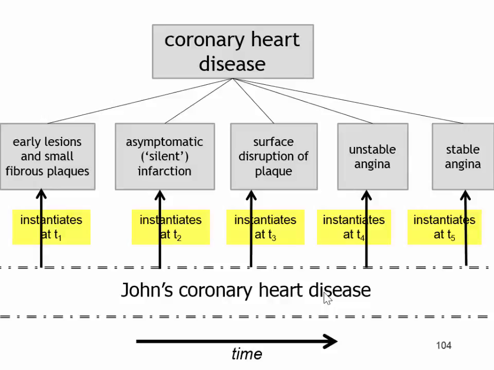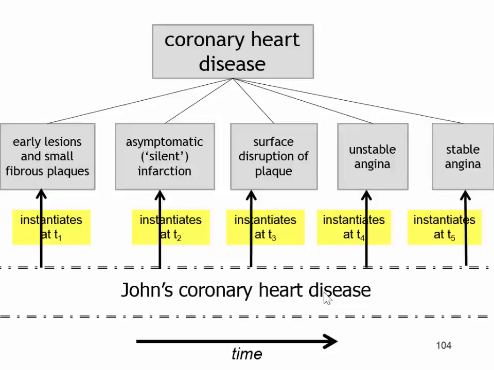It may even not be such that anyone is aware that John has coronary heart disease here, but then gradually it moves. Silent infarction, surface disruption of plaque, and then unstable angina, and then resolution into stable angina. And there's a lot of treatment activity along the way.